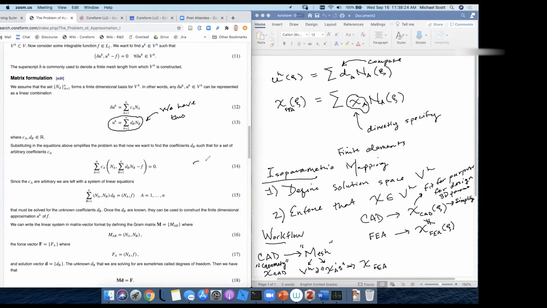Okay, so this is the implications of what we call a classical approach, because it's so dominant in industry. 99.9% of FEA is isoparametric FEA. And this decision, we almost forgot to talk about it, right?